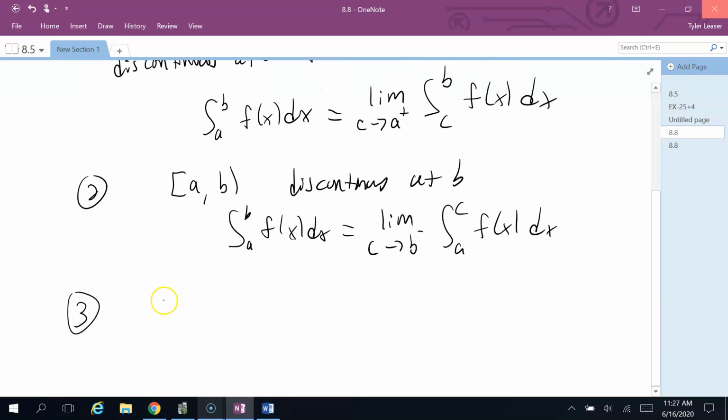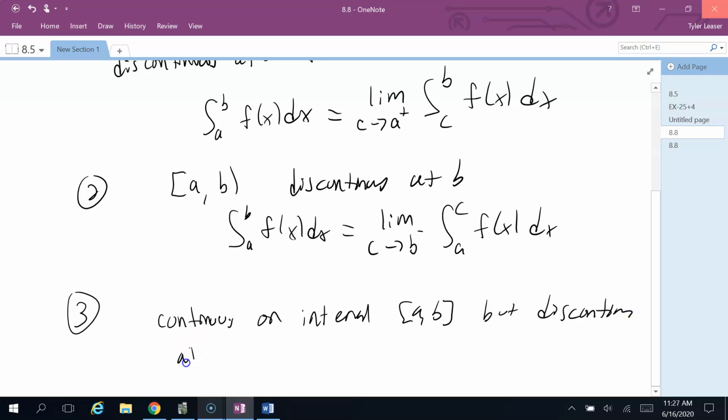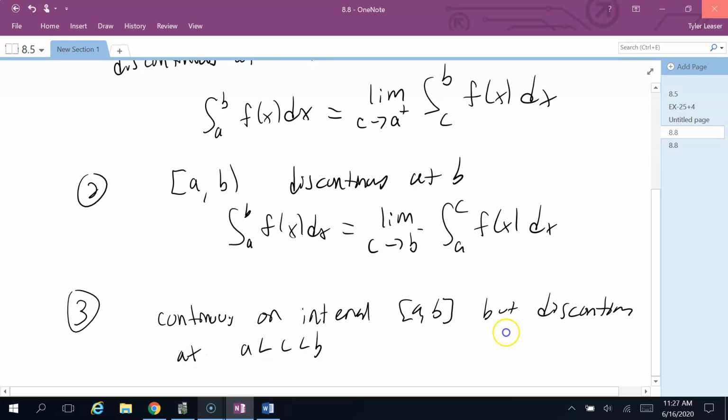Sometimes you're going to have it continuous on the interval a to b, including a and b, but discontinuous at c, which is somewhere in between a and b.